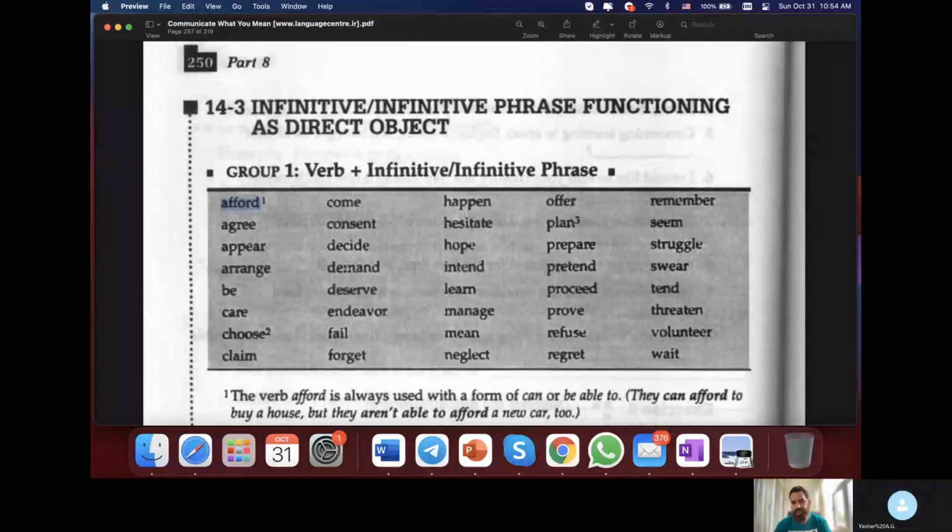We have two lists, verbs with infinitive and verbs with gerund, the ing form. You need to make a story for them. I usually make a story for the ing form. So when you have the story for the ing form, if the verb is not there, it is with to.